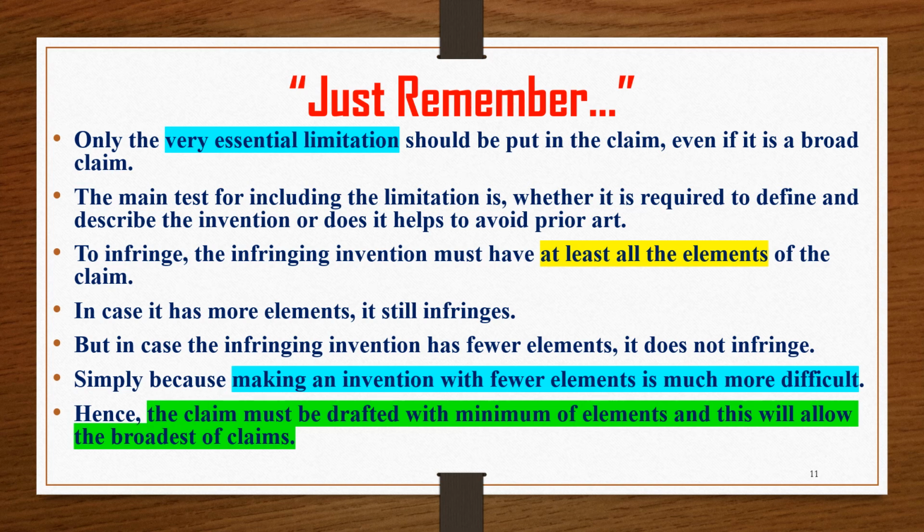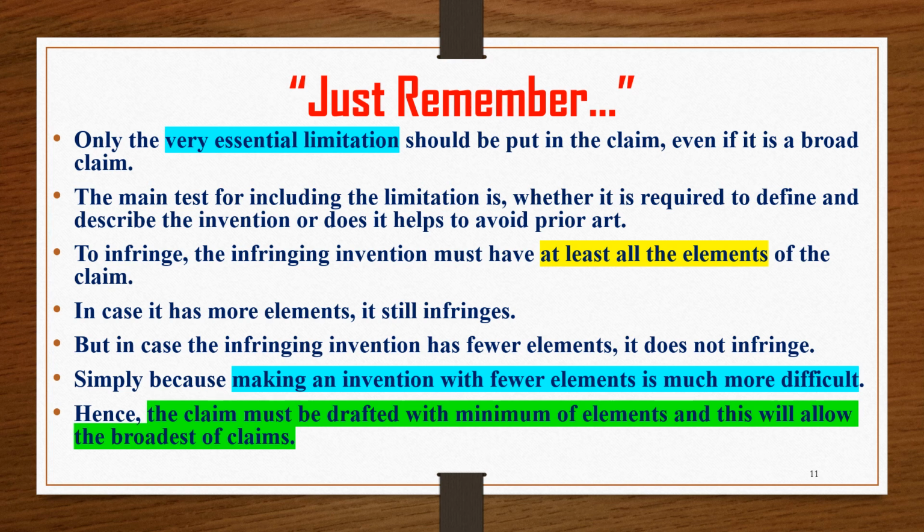The next point is, to infringe, the infringing invention must have at least all the elements of the claim. That is the criterion for infringement. In case it has more elements, it still infringes. But in case the infringing invention has fewer elements, it does not infringe.